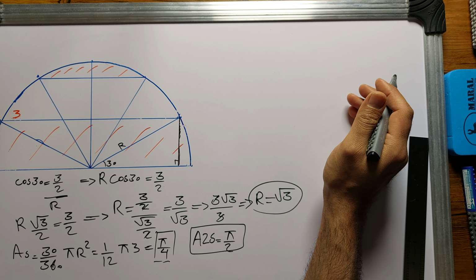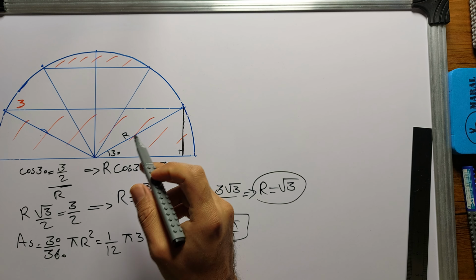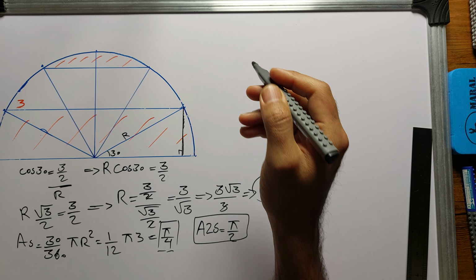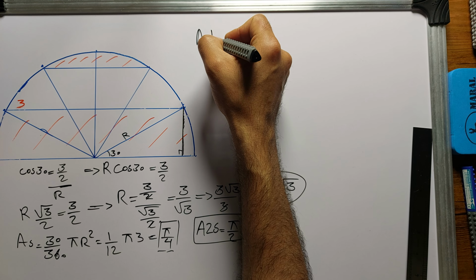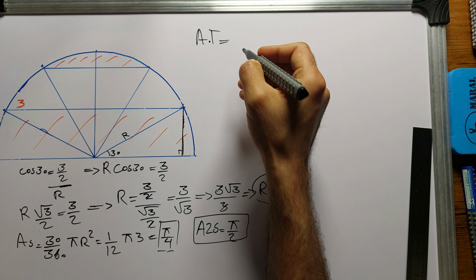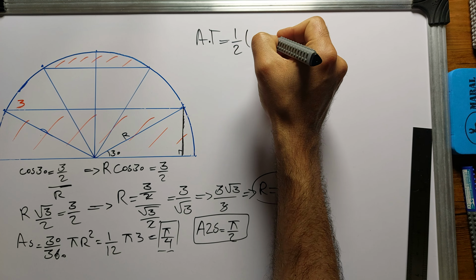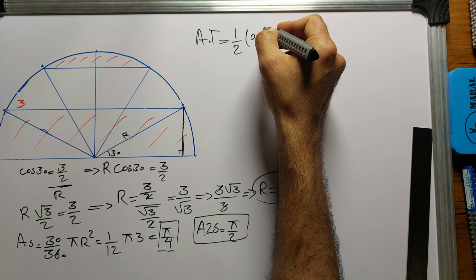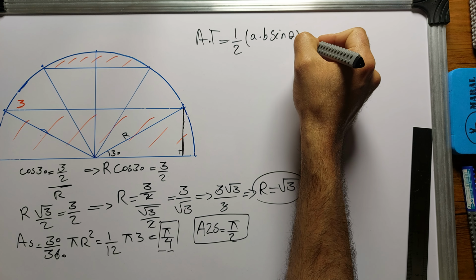So we know that the area of any triangle, if we don't have the height, is 1/2 AB sine theta, right?